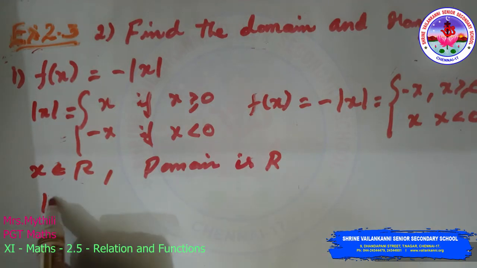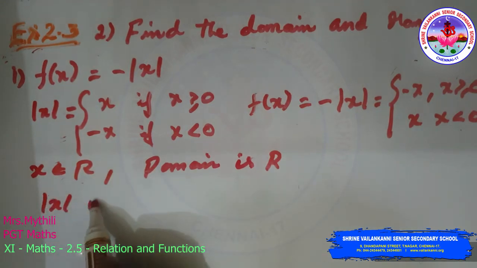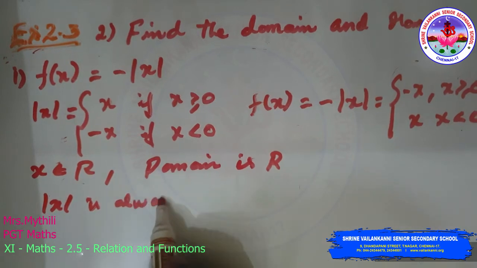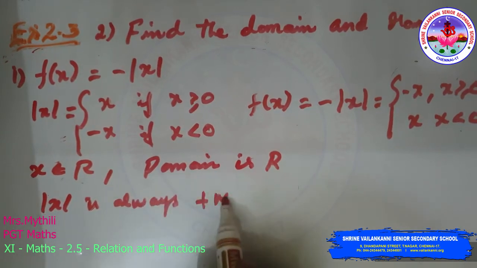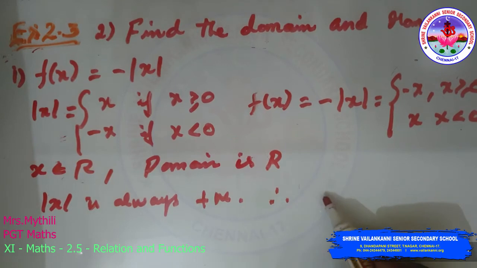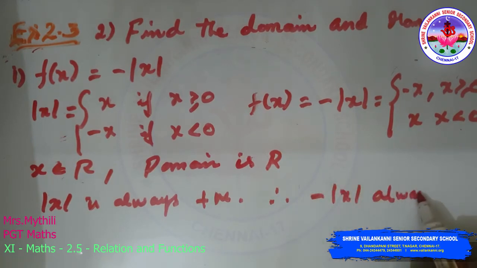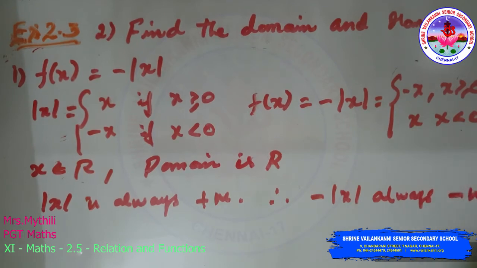Therefore, modulus x is always positive. Therefore, the value of minus modulus of x will always be negative. Hence, the range is minus infinity to 0. Since minus modulus of x is always negative, the range is minus infinity to 0.